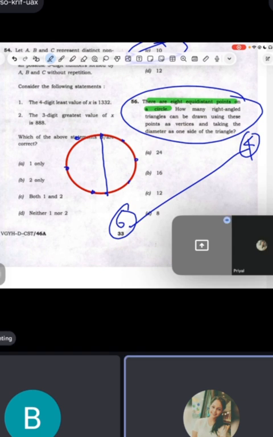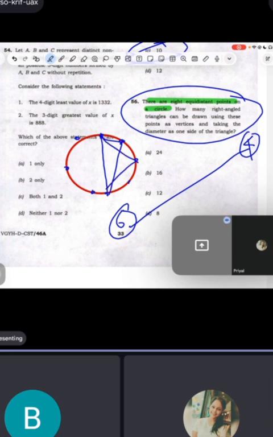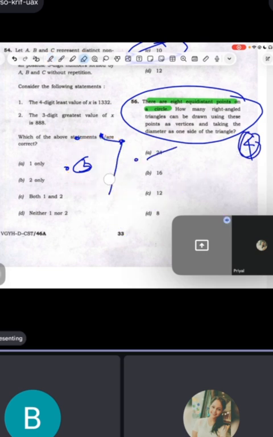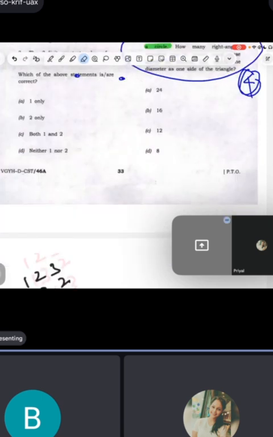So we can make one like that, then one like that, then one like that. So one side three triangles, so this side also three triangles. So with one diameter, I'm making six triangles. So four diameters, 6 times 4 is 24 triangles, Priyal. This is what I'm saying. Got it. Guys, there is nothing actually, just common sense.